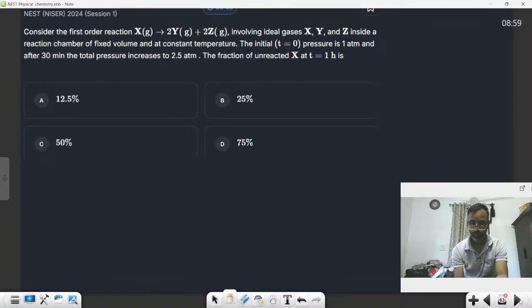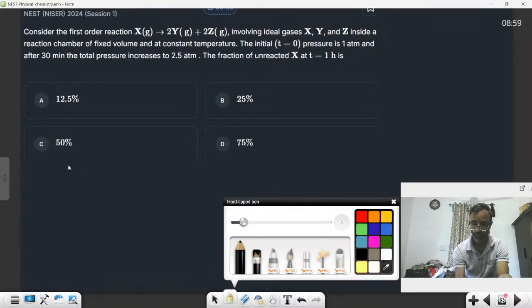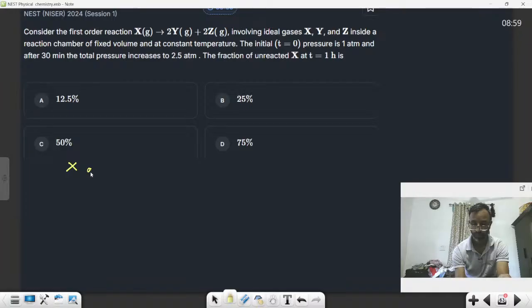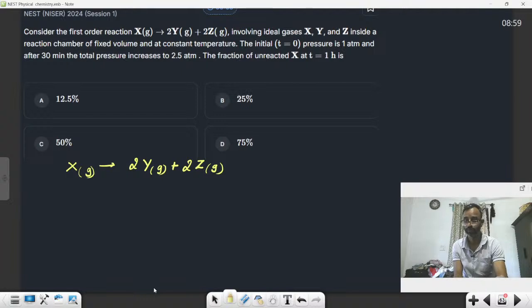So see, we have this reaction, X gas to give 2Y gas plus 2Z gas. There are ideal gases X, Y and Z inside the reaction chamber of fixed volume and constant temperature.